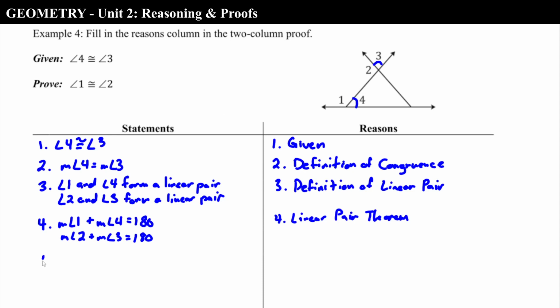Then for number 5, we're going to take what we already stated in 2, that the measure of angle 4 equals the measure of angle 3, and we're going to substitute that in. So I'm going to keep this first line the same, and let's substitute that into the second line. And here we use the substitution property.